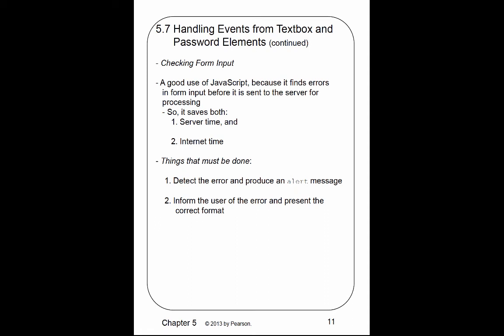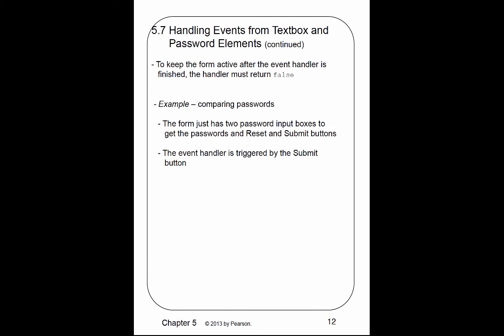Form validation is something that we'll look at so that we can detect errors in the form input before information is sent to the server. So it saves server and internet time. You don't want to be transmitting invalid information. But we'll come back to this later on. If an event handler returns true, that means things check out fine.